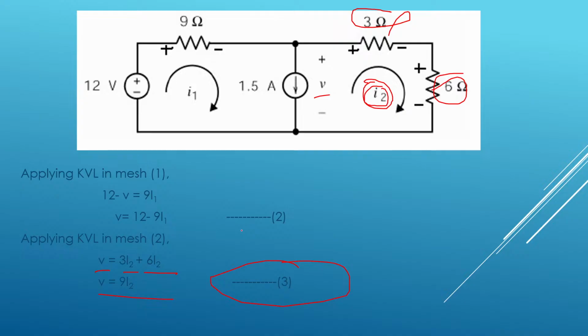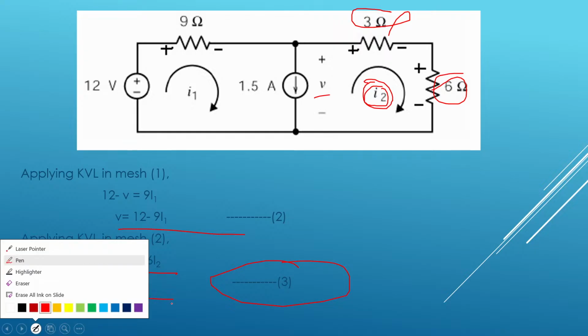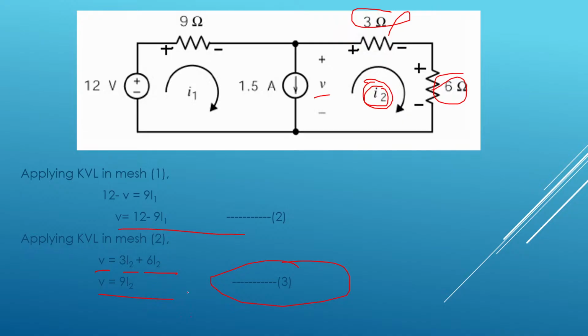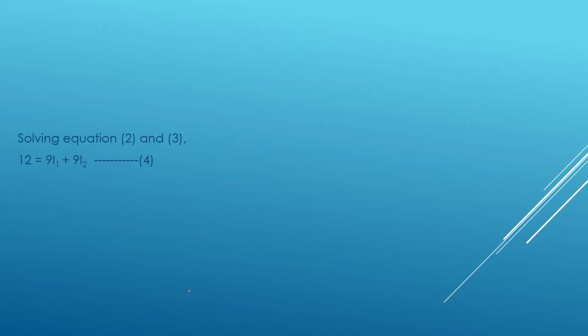Okay, so we have got two expressions. In equation 2 and equation 3, if you observe, V is common. So you can equate equation 2 and 3. Here I have solved equations 2 and 3, meaning I have equated them. I have got the expression 12 is equal to 9I1 plus 9I2.